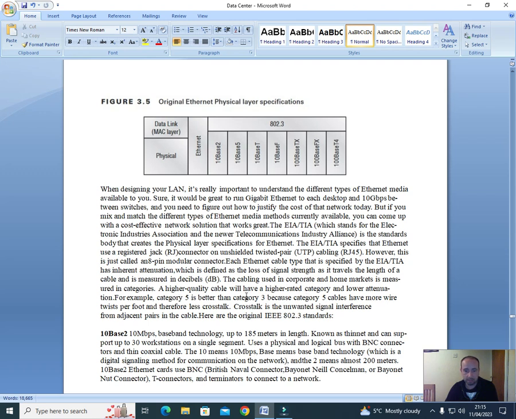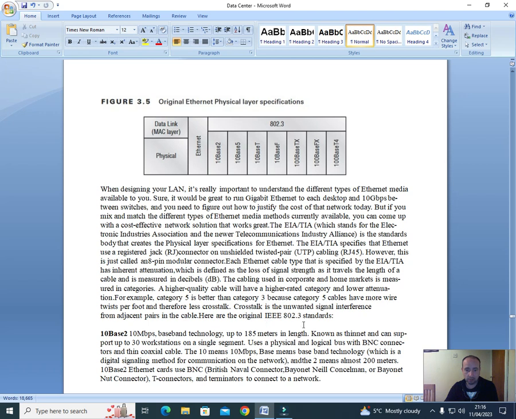A higher quality cable will have a higher rated category and lower attenuation. For example, category 5 is better than category 3 because category 5 cables have more wire twists per foot and therefore less crosstalk. Crosstalk is the unwanted signal interference from adjacent pairs in the cable.